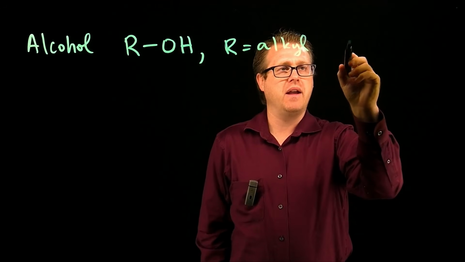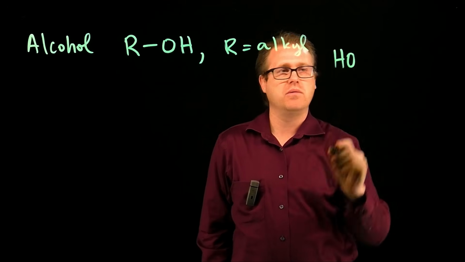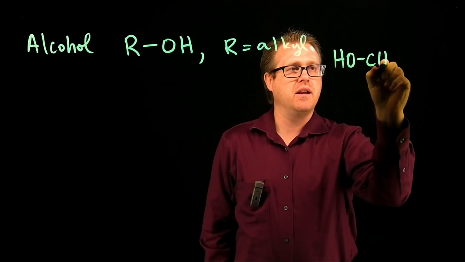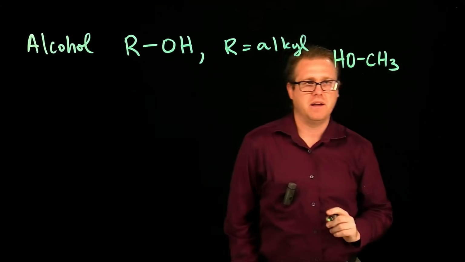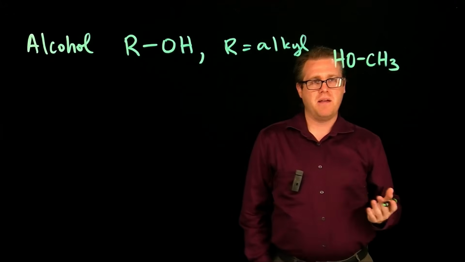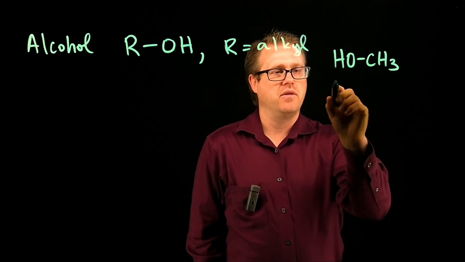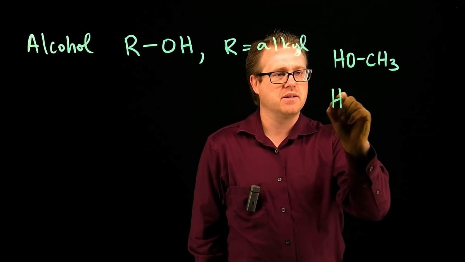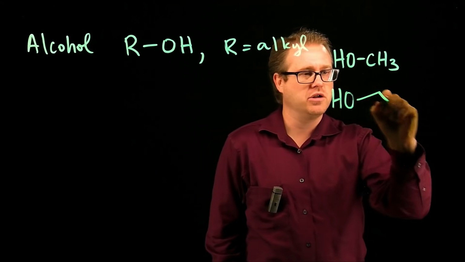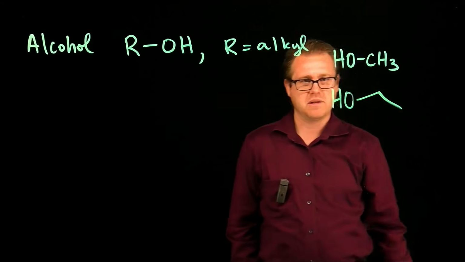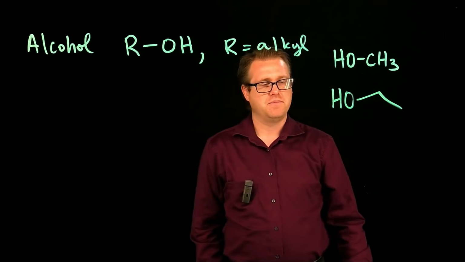We could have an HO connected to a CH3. That would be methanol. If we looked at something like this, let's use zigzag now, 1, 2, 2 carbons, that would be ethanol.